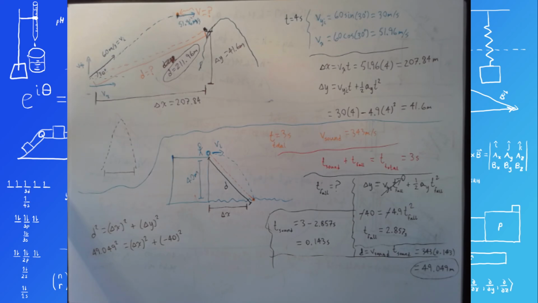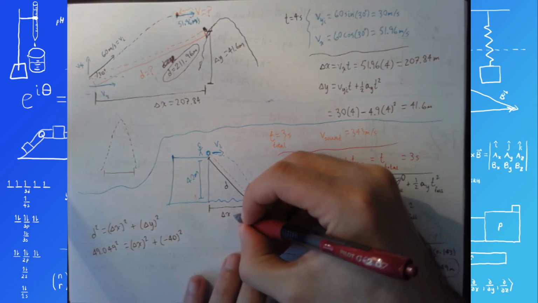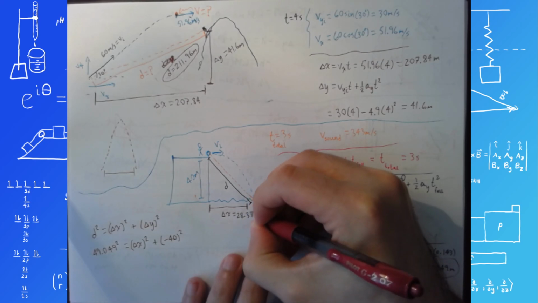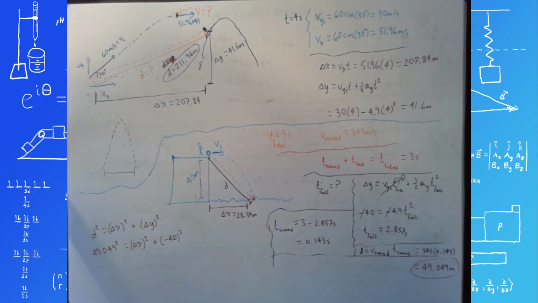I'm going to round that to 28.39. I'm going to say delta x is about 28.39 meters. And that's the positive root. I don't need to take the negative root because I'm just going to say that right is the positive direction for this problem.